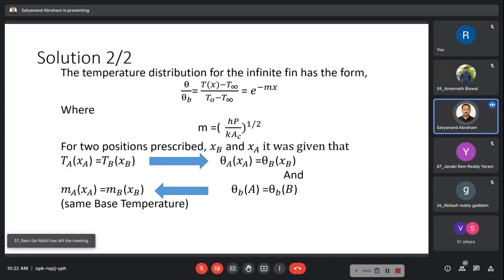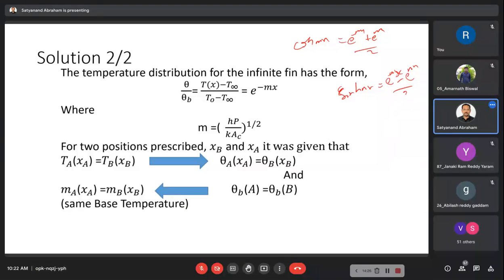Some textbooks give it in terms of hyperbolic trigonometric functions, and some give it in exponential terms. But we know that cosh mx is equal to e raised to minus mx plus e raised to mx, divided by 2, whereas sinh mx is equal to e raised to minus mx minus e raised to mx, divided by 2. With these identities, you can convert hyperbolic to exponential functions.